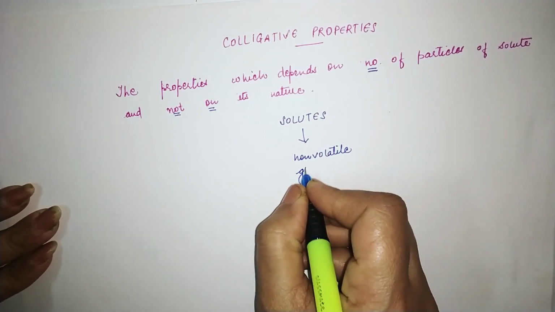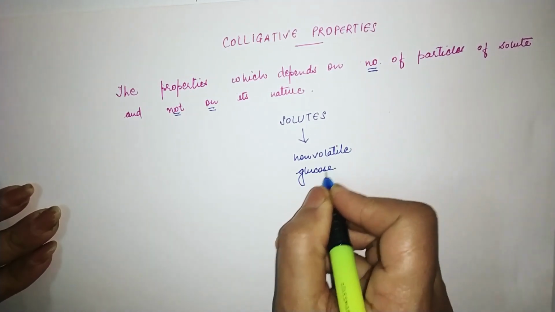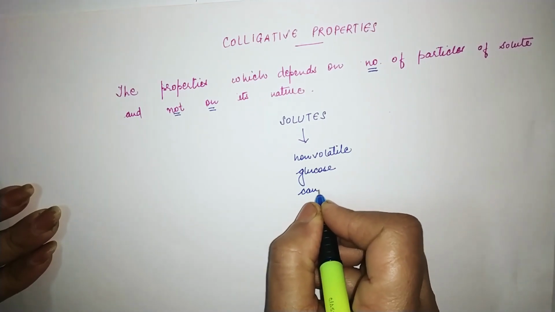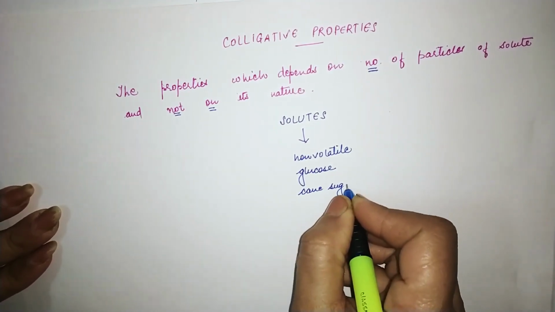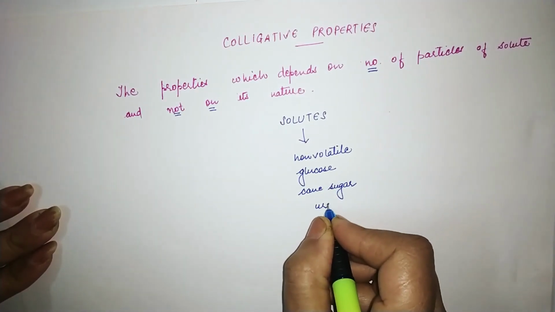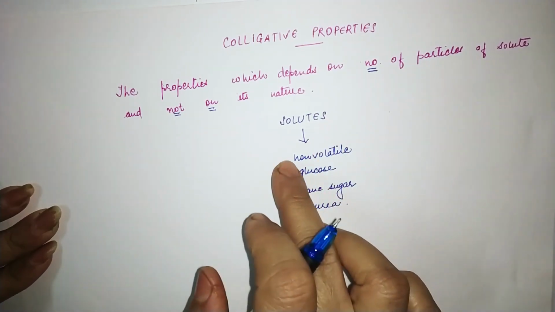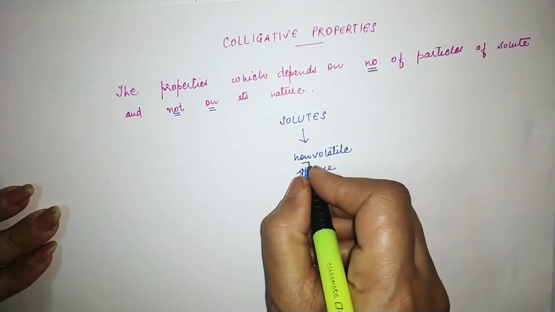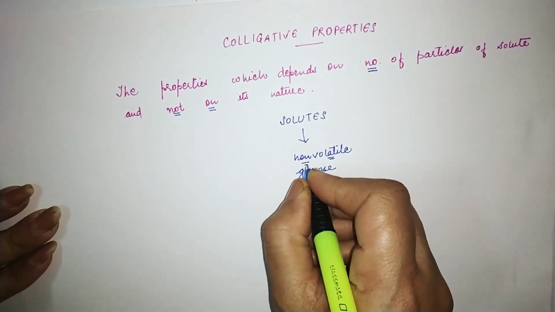Suppose I take examples of glucose, cane sugar, urea. These are the examples of solutes which are non-volatile.